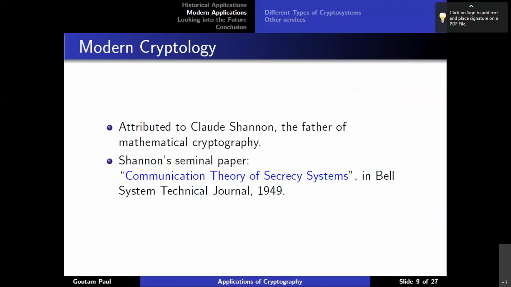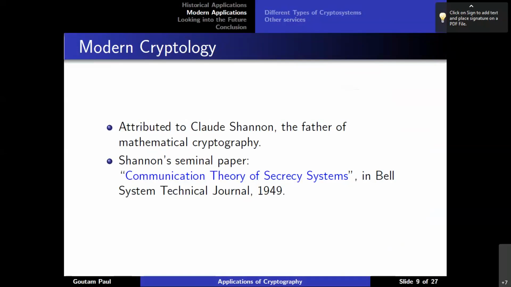The second subject that he gave rise to is coding theory, which talks about how to correct errors in the data when noise is added during transmission. It can be atmospheric noise, it can be channel noise, but the receiver receives noisy data, so how do we correct it and get back the original data? That's the subject of coding theory, the second subject that he initiated. Before him, these subjects did not exist.